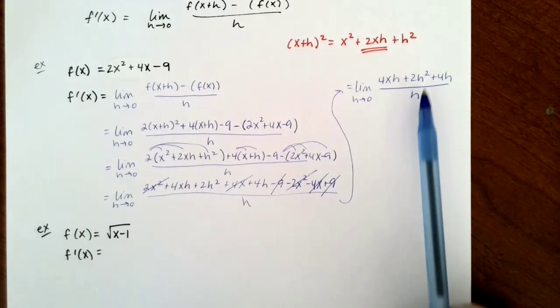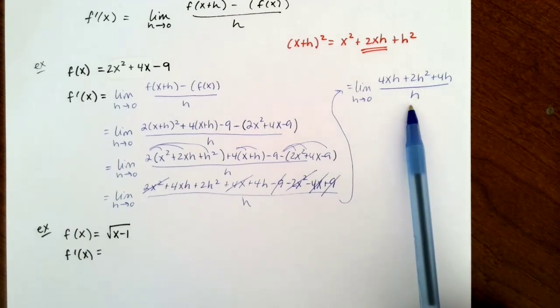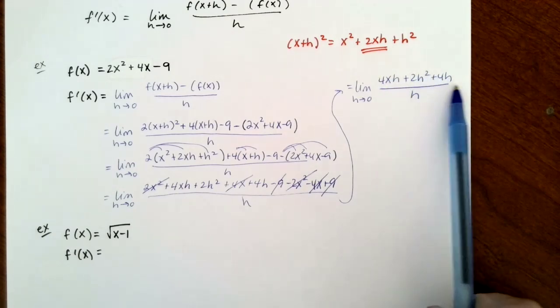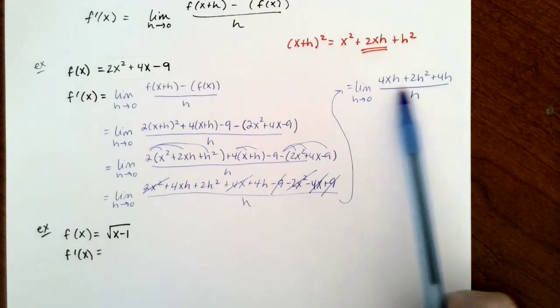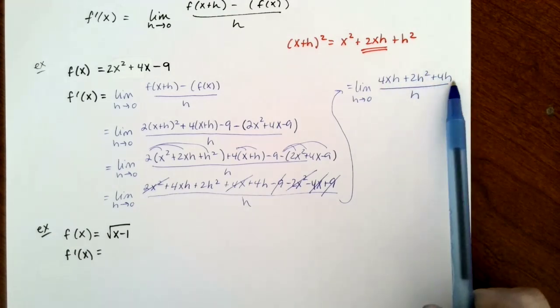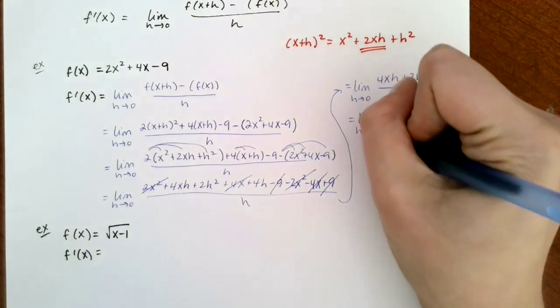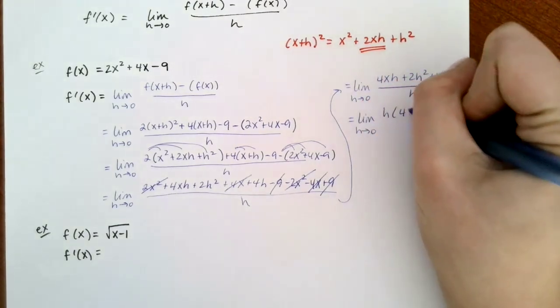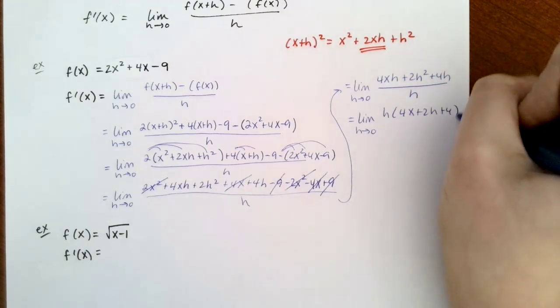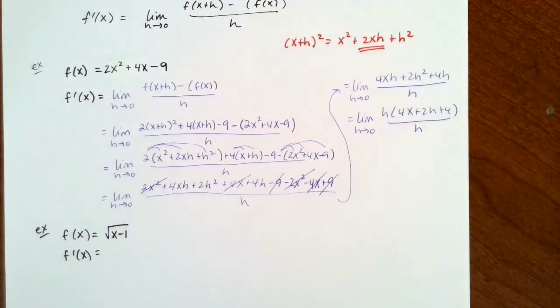I can see the 0 over 0 limit happening. But what I can do is factor the h out of the numerator. This is where we're avoiding any sort of bad factoring and we're just pulling out an h. And I can cancel it with that denominator. So every term on top loses one of their h's. So now this can cancel with the bottom.